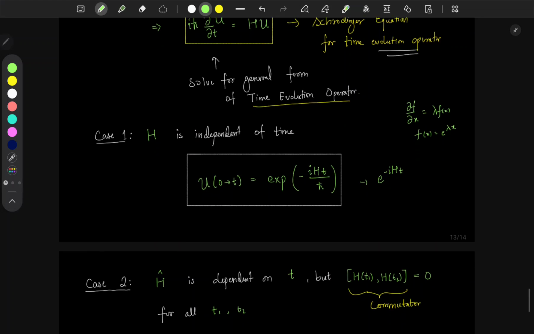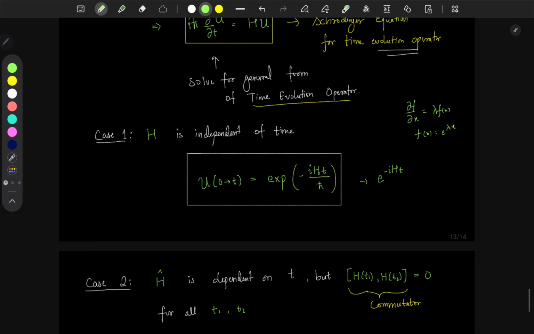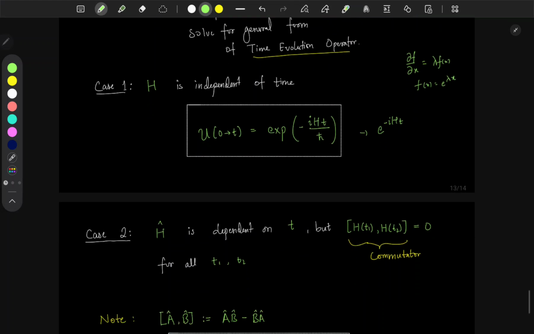Now what do we really mean by the exponential of this operator H? Other things are numbers, that is fine, but what do we mean by the exponential of an operator? You can define the exponential of any operator. Say A is an operator, then you can simply write it as the Taylor series of the exponential function, which is 1 plus A plus A squared over 2 plus 1 by 3 factorial A cube and so on.